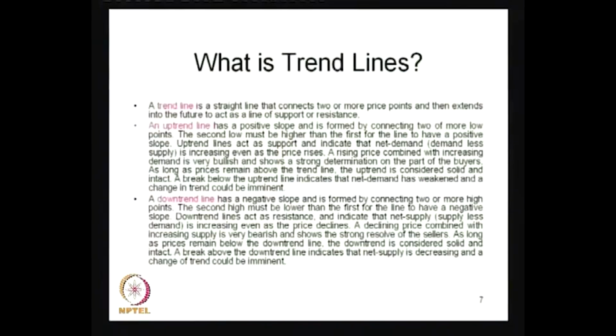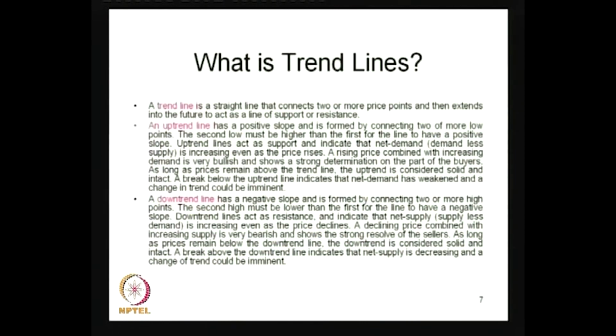So, what does a trend line mean? Basically, a trend line is a straight line that connects two or more price points and then extends into the future to act as a line of support or resistance.